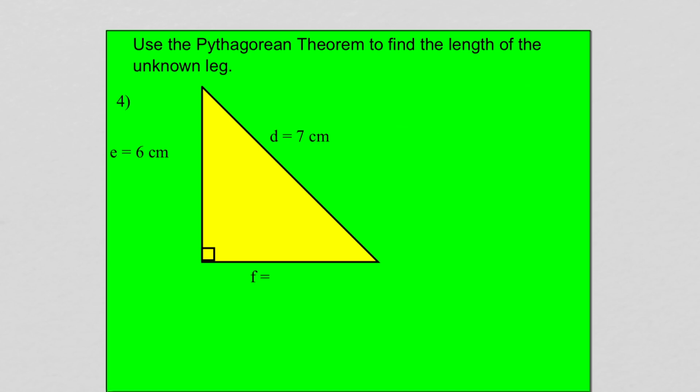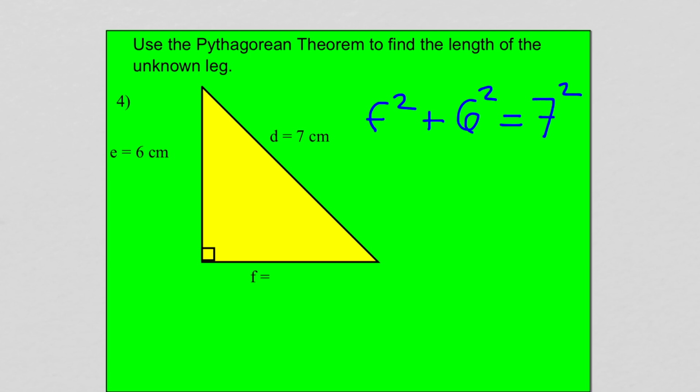We're going to write it as, okay, f squared, we don't know what f is, plus the value of e squared, which is 6 squared, equals the hypotenuse squared. In this case, the hypotenuse is the variable d, and we know that that's 7, so 7 squared.